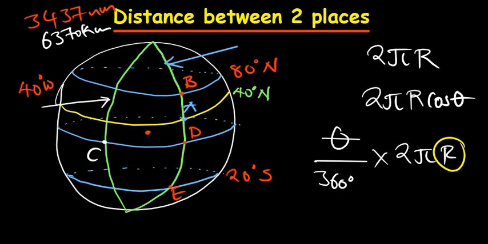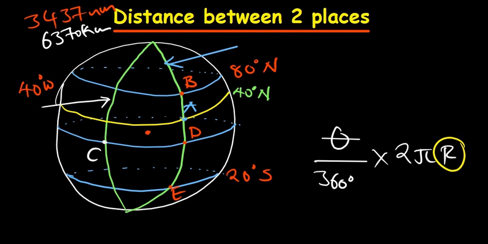Now when it comes to distance along the latitude, for example C and D, that would involve using 2 pi r cosine of theta.